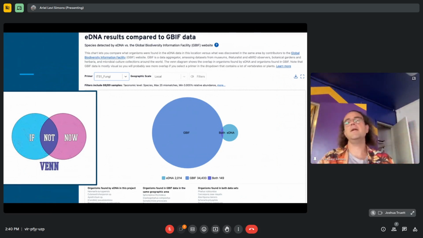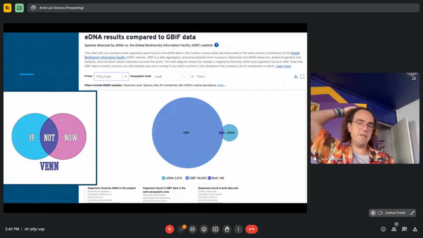It's actually relatively big. So GBIF has a ton of fungal species in that area, which is a good chunk of Southern California. And then the eDNA results are what you're getting in the local LA watershed. And we show you what's in common between the two. So you're getting a ton of stuff in GBIF that doesn't show up in eDNA, partly just because you're dealing with a large area that you're drawing it around.